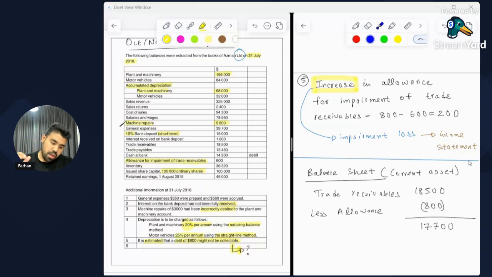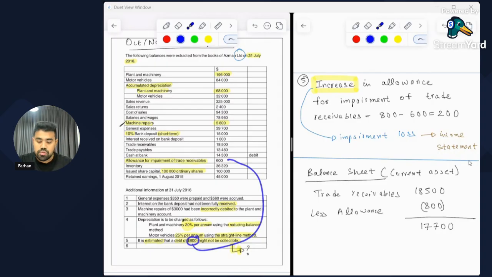Now, point number 5 says that the most recent estimate of allowance is $800, which we expect to not collect. It is estimated. The reason it is an allowance is because it clearly mentions it is estimated. So it is estimated that a debt of $800 might not be collectible. Okay? All right. So there is an increase from 600 to 800.